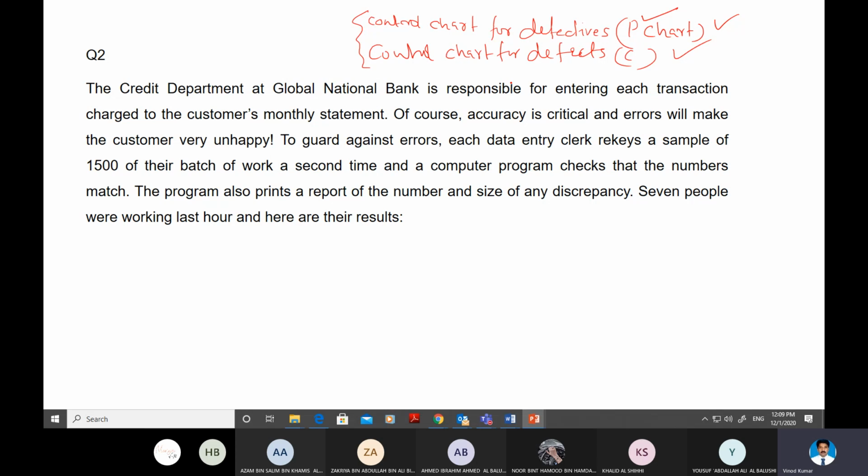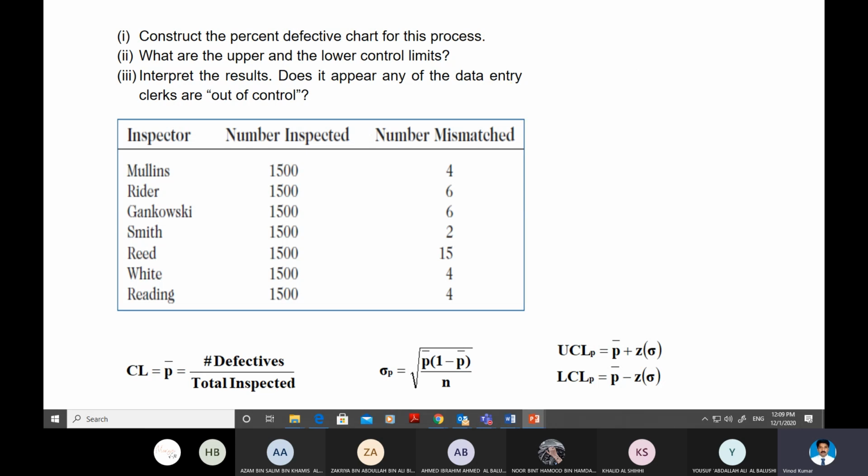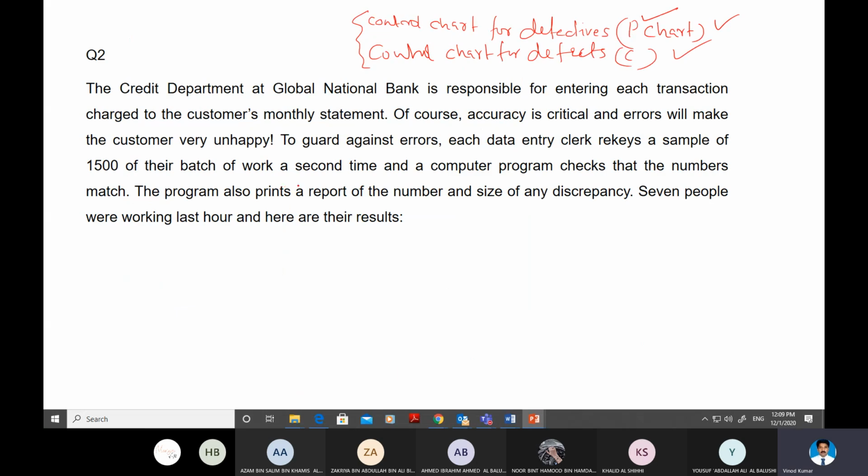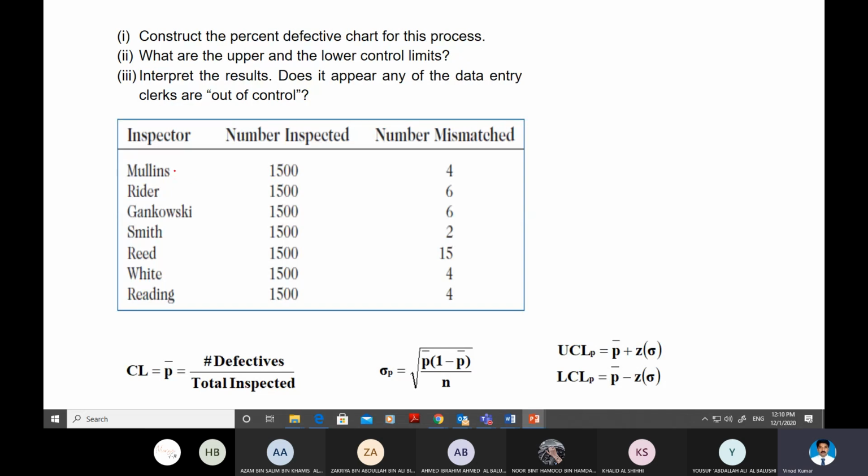So as you can see in the question, they are inspecting 1,500. Here 1,500 data are inspected. This is the inspector name. Each inspector inspects 1,500 data, and they found that out of 1,500 data, 4 mismatched. Mismatched means defectives. The question is to construct a suitable chart.